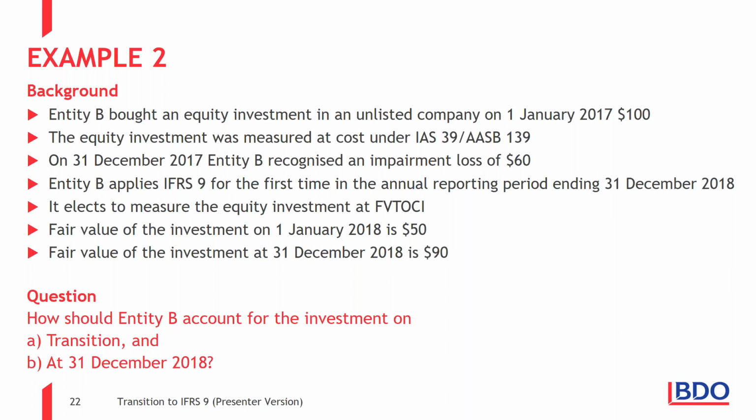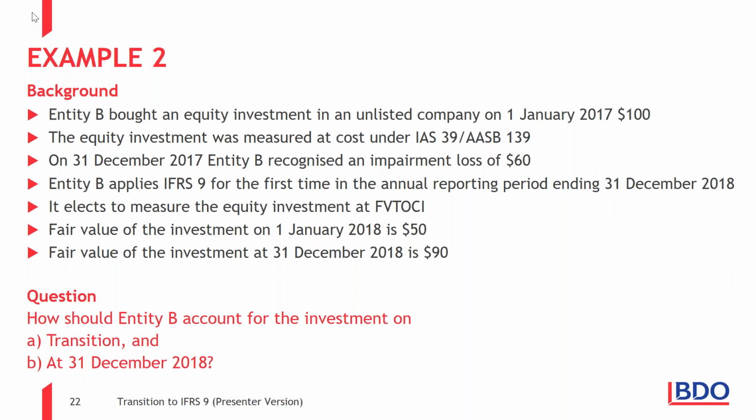Now, it elects to measure the equity investment at fair value through OCI, because remember, for equity investments, if it's not held for trading, like this one, you can decide to carry that equity investment at fair value through profit or loss or fair value through OCI.